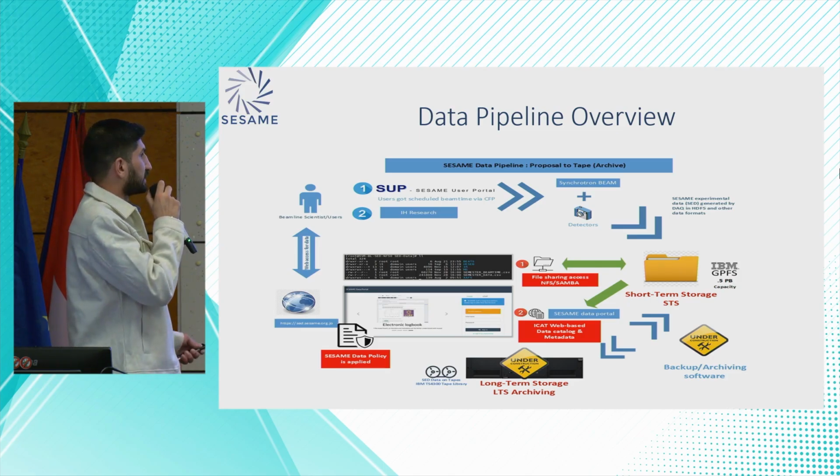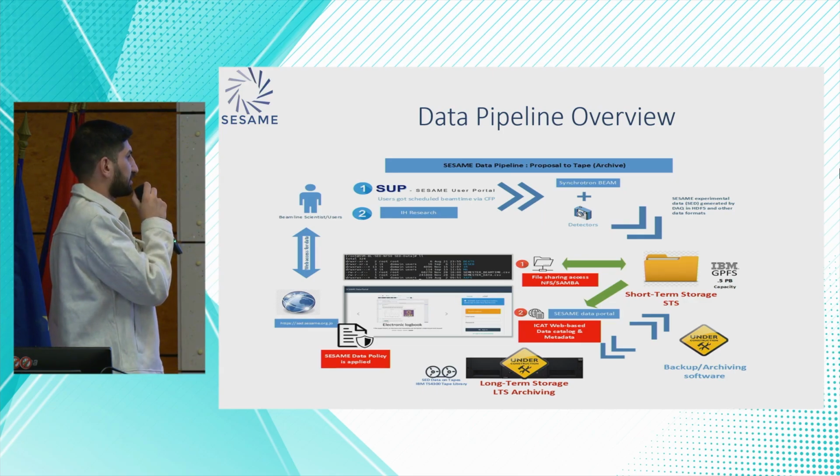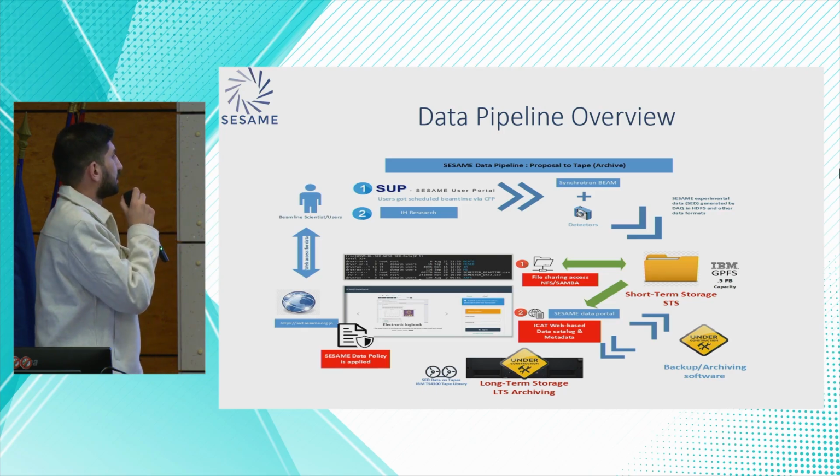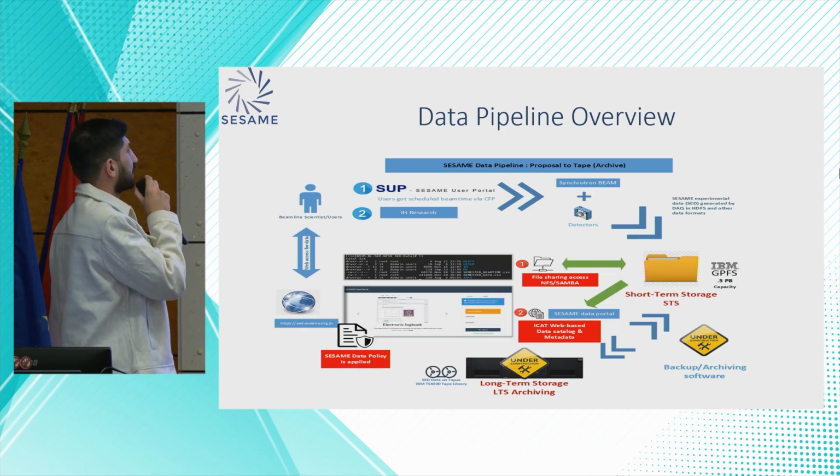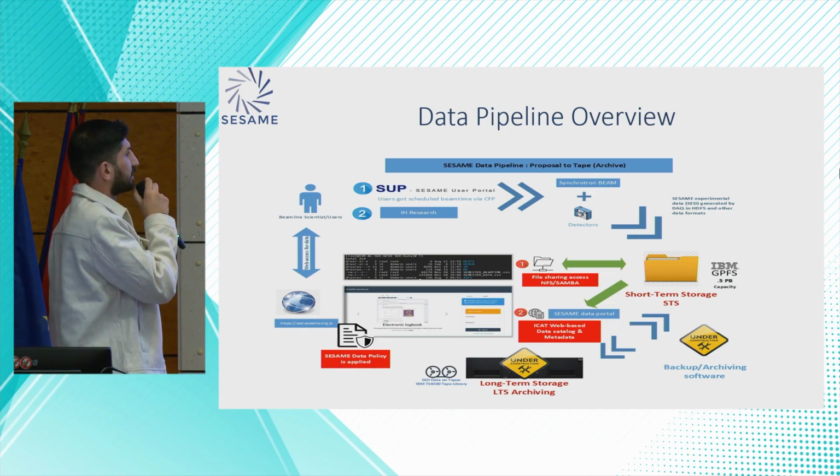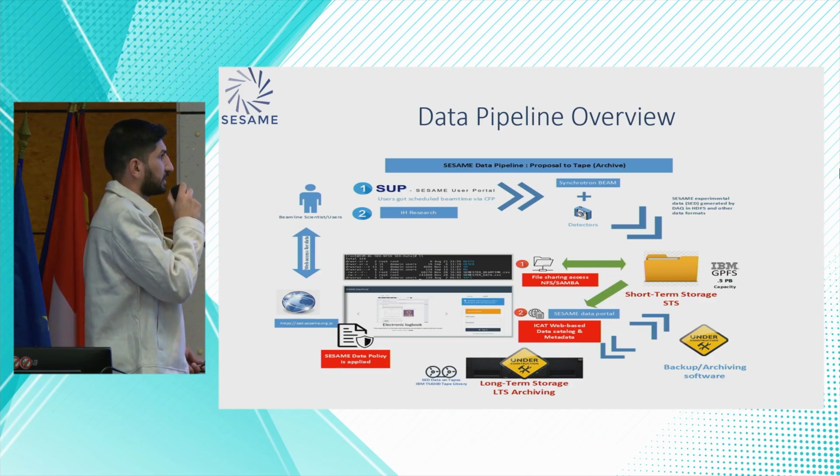Here you see the ICAT data portal, and it's web-based, as you know, and it applies the Sesame data policy. The link is here, and then the user can access the data portal and see their data.